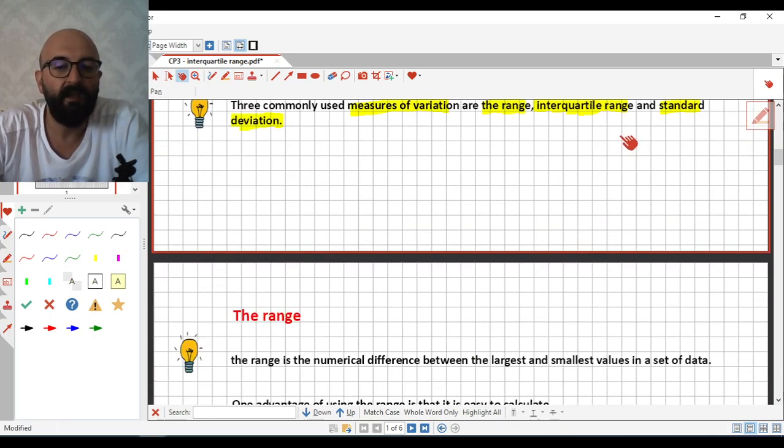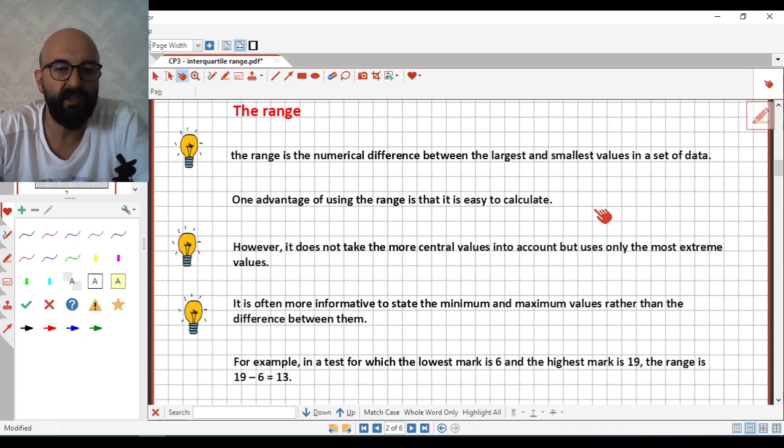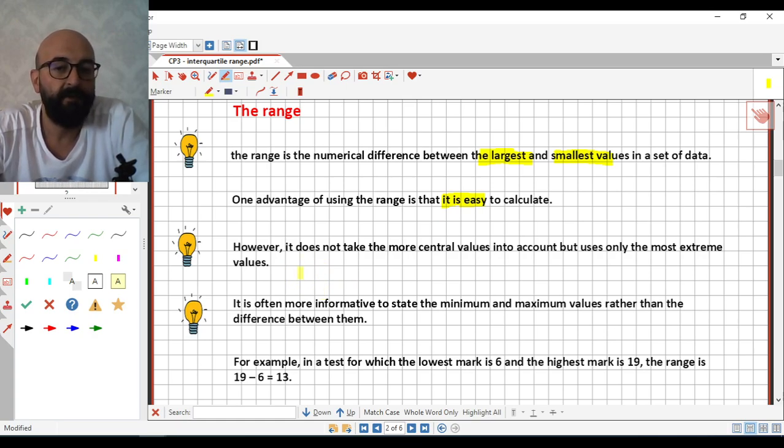Okay. Now the range. As you know, the range is the numerical difference between the largest and the smallest values in a set of data. One advantage of using the range is that it is easy to calculate. However, it does not take the more central values into account, but uses only the most extreme values.